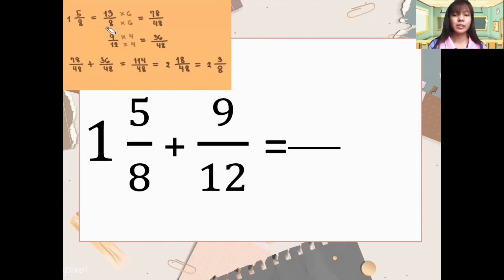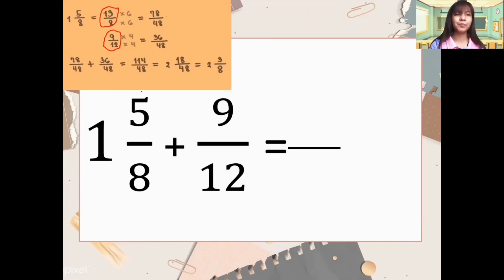Okay. So now here, we now have the same kind of fractions. So from 1 and 5 over 8, it becomes 13 over 8. So now, it's time for us to find the numbers that we're going to multiply to each denominator that could make them both the same.